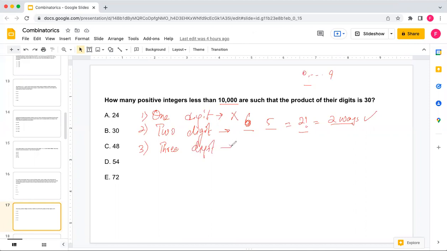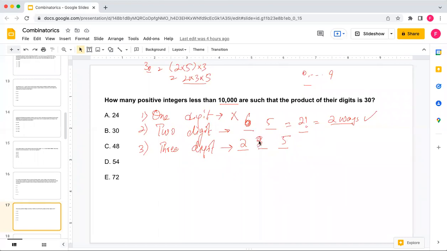How many such 3-digit numbers are possible? If you quickly prime factorize 30, it is 2 into 3 into 5. So 1 is very straightforward, then 2, 3, and 5. In how many ways can you arrange 2, 3, 5?